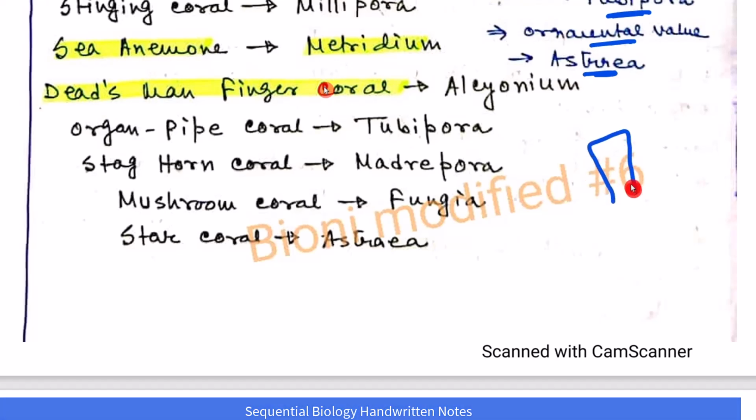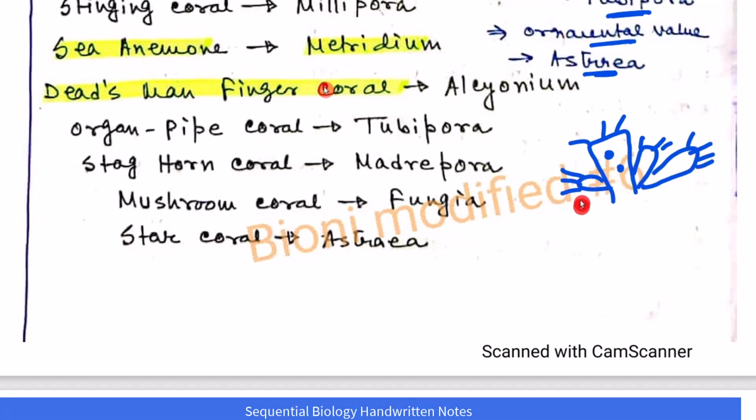Then what is this coral? Again, I will tell you what this coral is. This is an important feature and understanding portion. Suppose this is a polyp of class Anthozoa, and inside this polyp the zooxanthellae are present, and these zooxanthellae create a bright color in this polyp, and by asexual reproduction they form a colony.